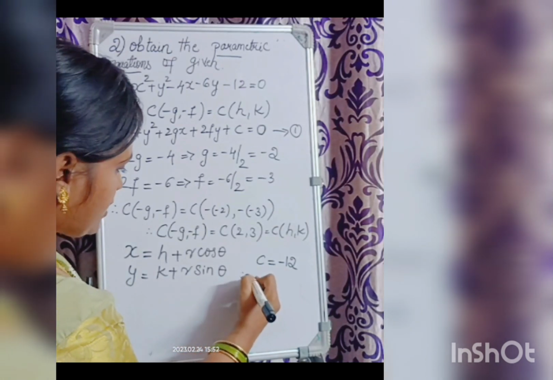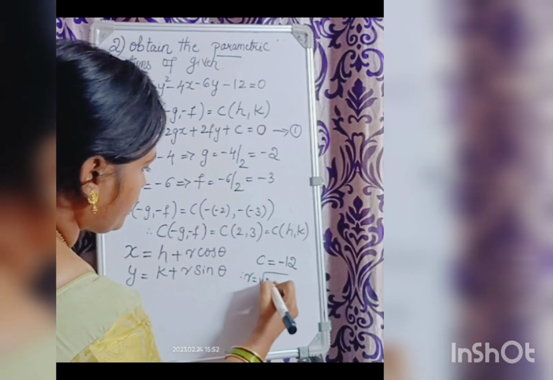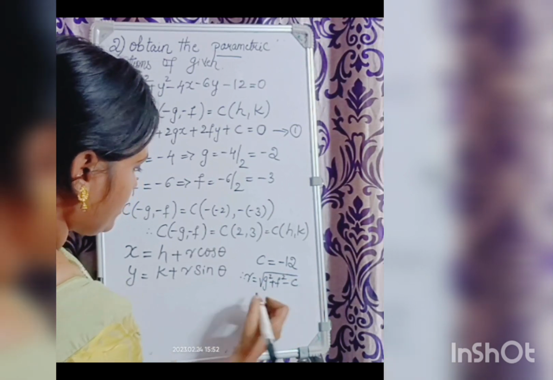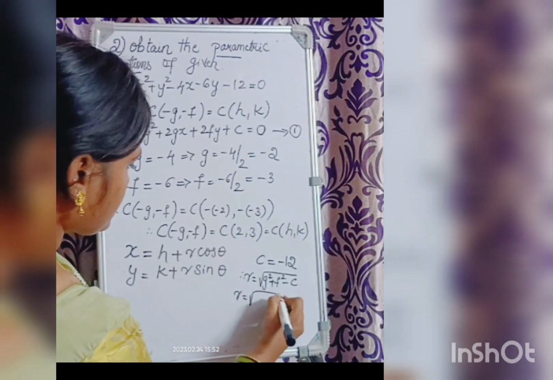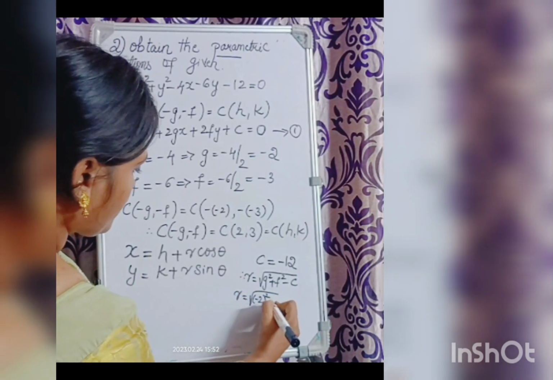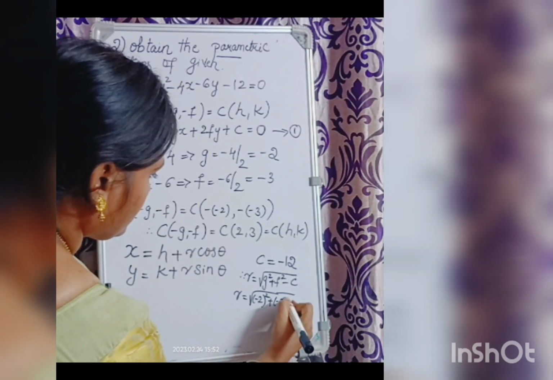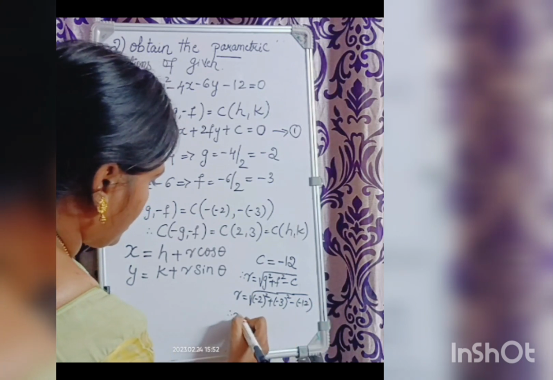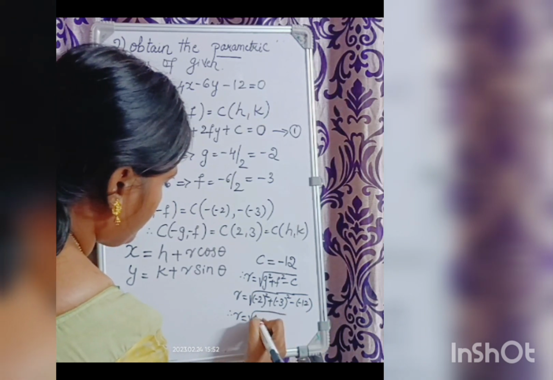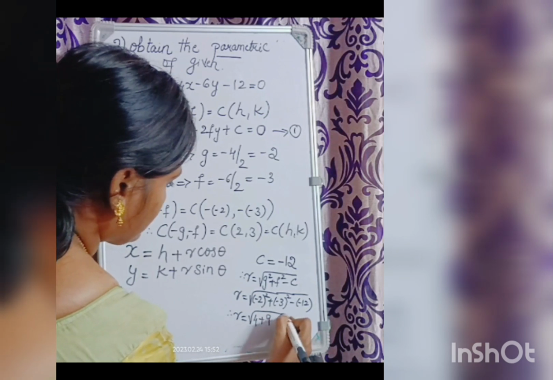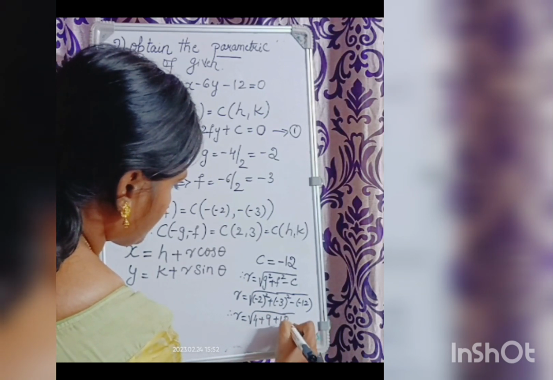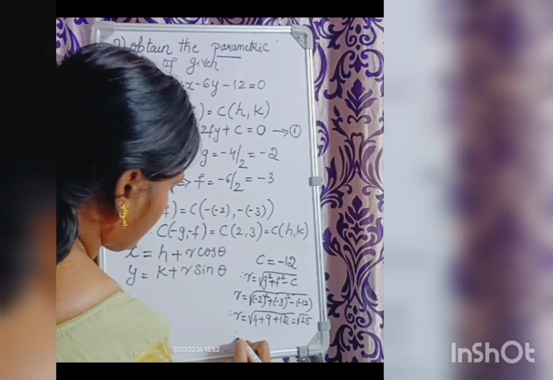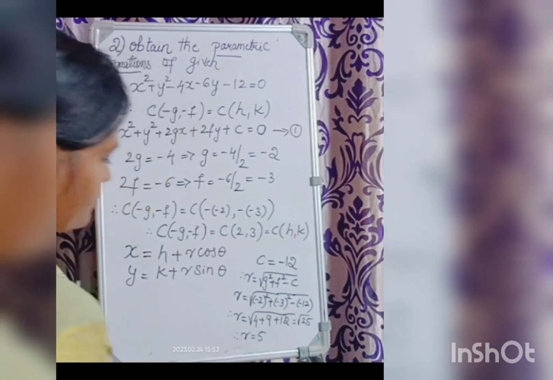Therefore, r is equal to square root of g square plus f square minus c, right? We know g is 2, f is 3, c is minus 12. Therefore, r is equal to square root of 4 plus 9 plus 12, which is equal to square root of 25. Therefore, r is equal to 5.